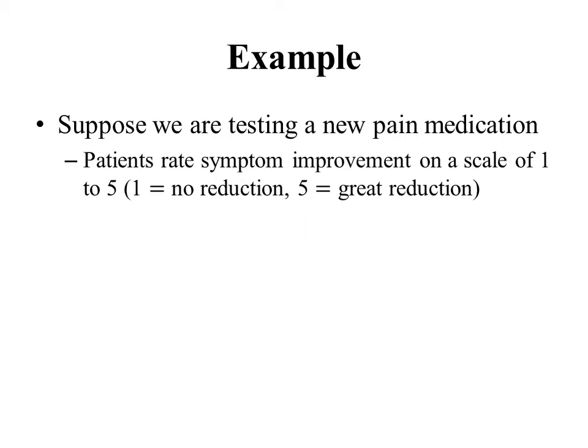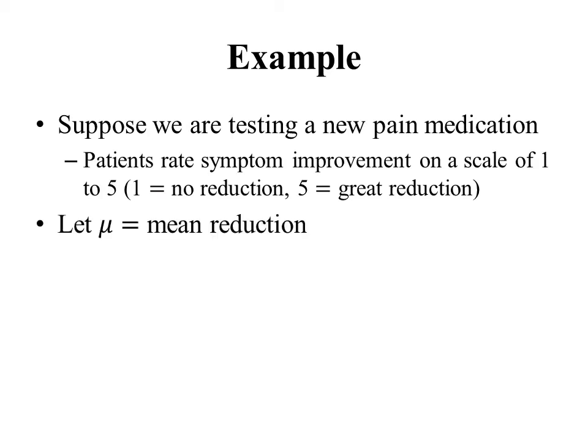To illustrate the need for a non-parametric test and what we mean by this normality requirement, let's take a simple example. Suppose we are testing a new pain medication, and so we give the medication to some patients, and then the patients rate the symptom improvement on a scale of 1 to 5, where 1 means no reduction and a 5 means a great reduction.